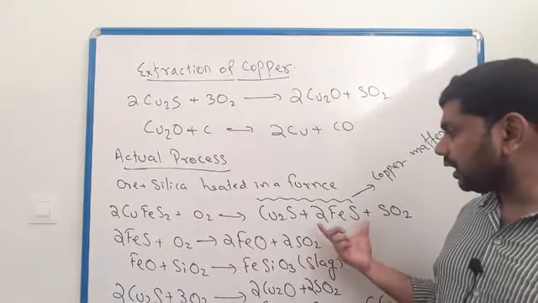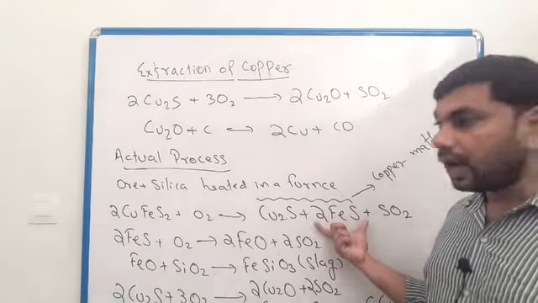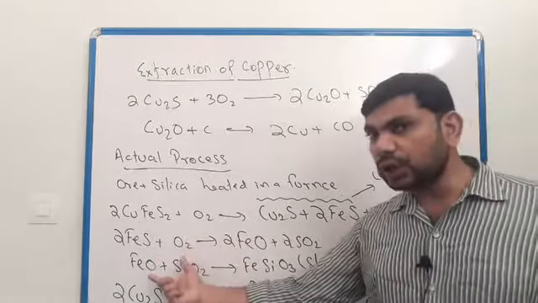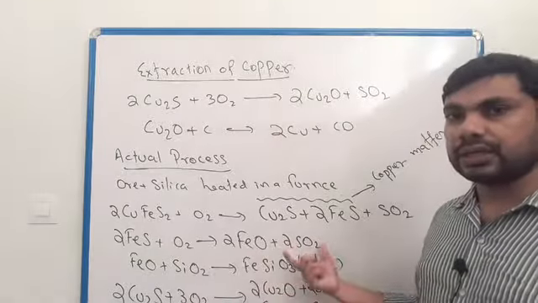Clear? Next we are going to talk about iron sulfide. Iron sulfide on strong heating forms iron oxide and sulfur dioxide.